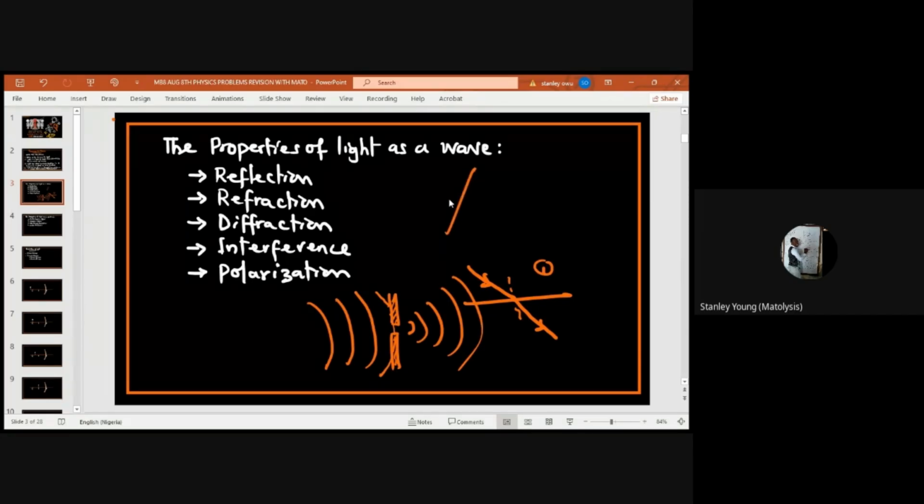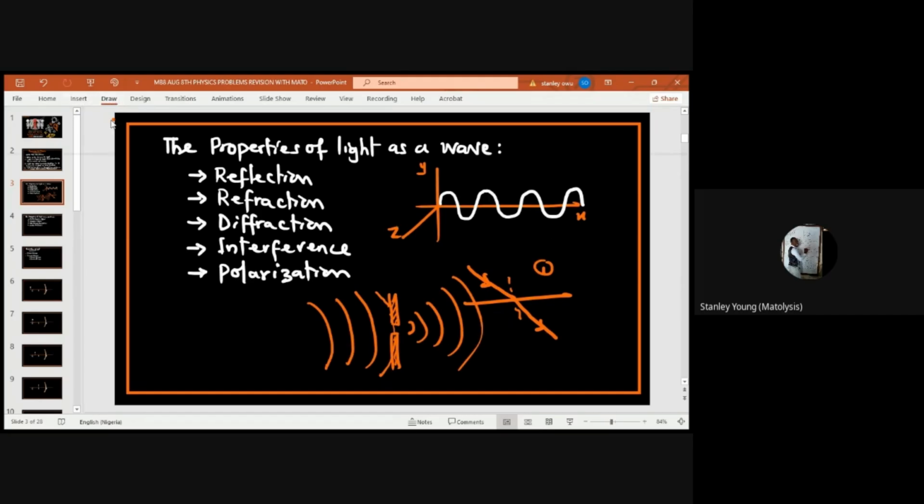So for instance, here we have a YX plane, and let's call this a Z plane. So you can have a waveform along the XY plane.